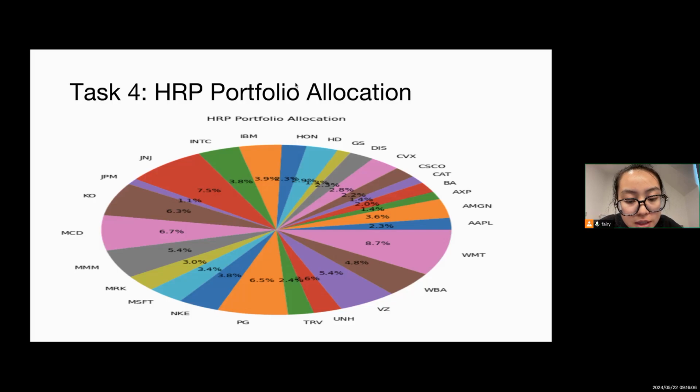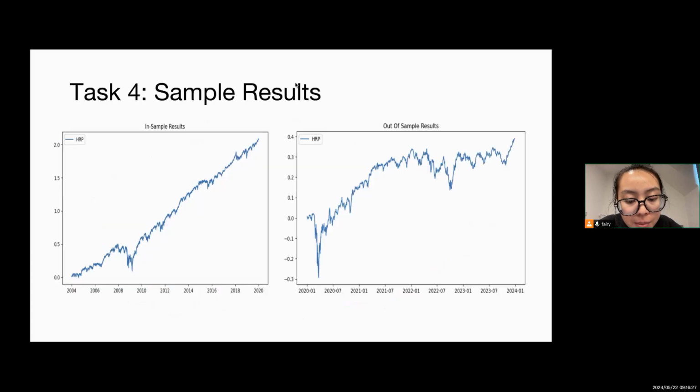This shows that the HRP model achieves better diversification in terms of weight allocation. This weight allocation effectively reduces the overall risk of the portfolio as it does not over-rely on a single asset.